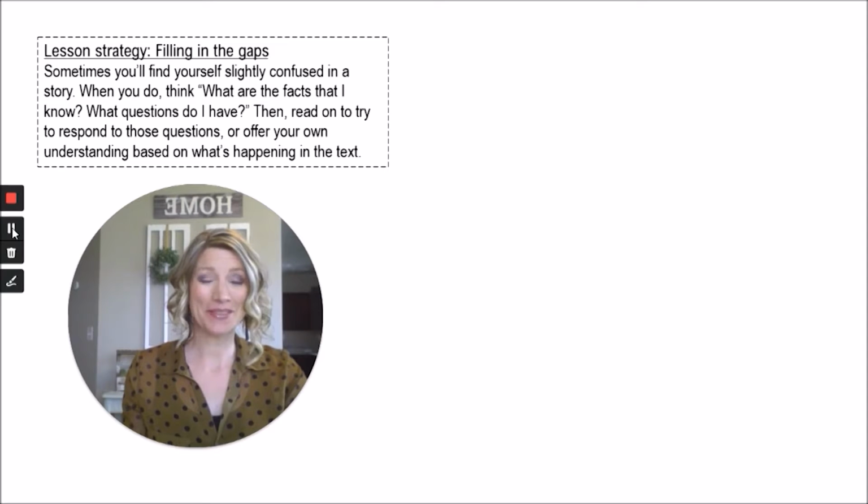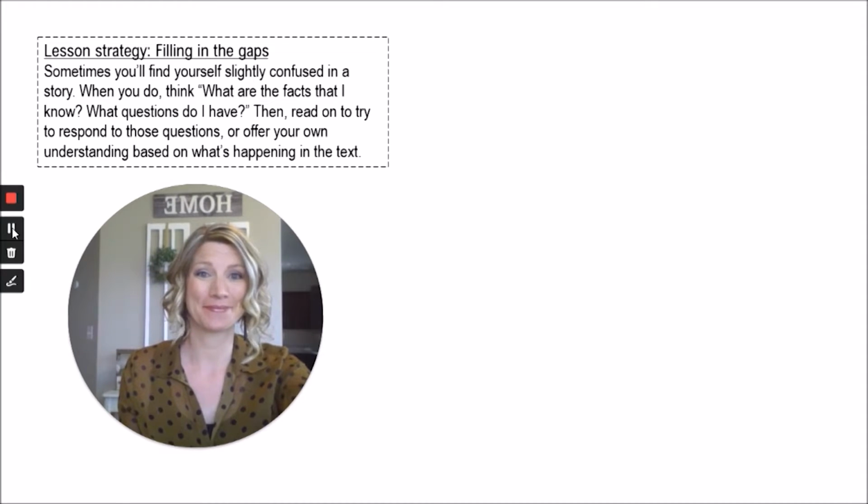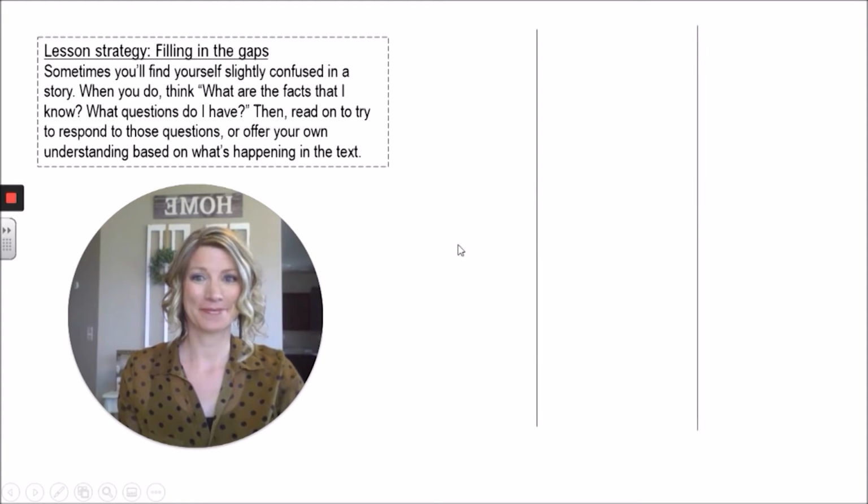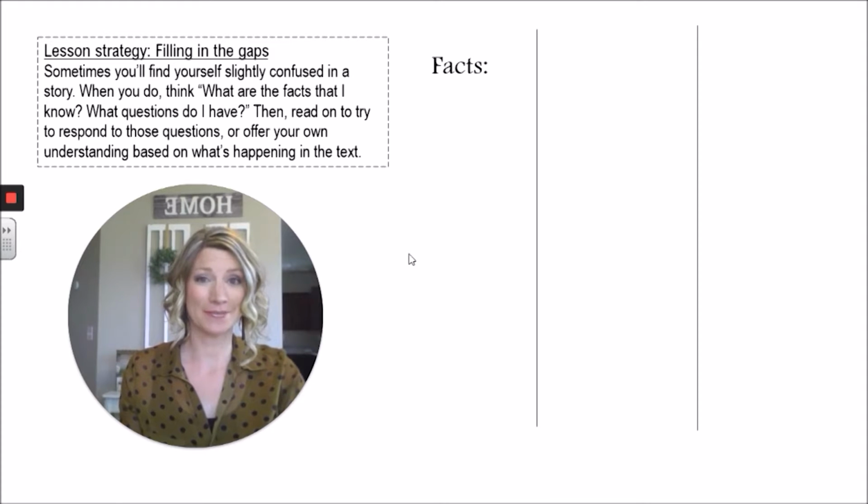Today, you'll need a piece of paper and a pen or a pencil. Please fold your paper into thirds or draw two lines as I'm going to indicate on my screen. Then label each section. The first section is facts. The middle section is questions.